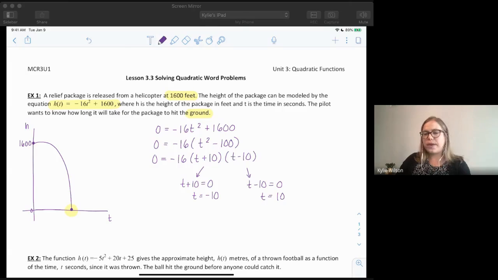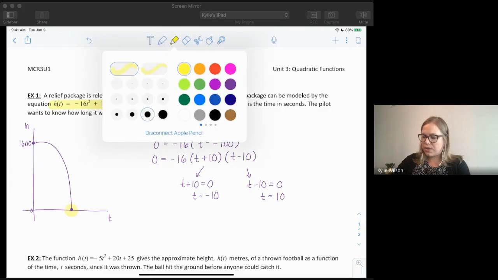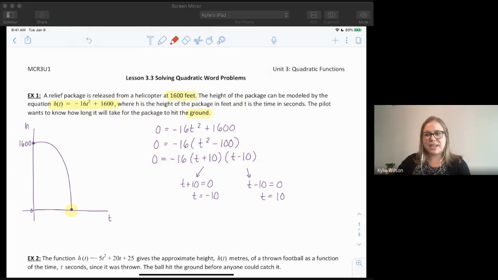So although we get 2 answers, only one of them is valid for this particular situation, right? My t's represent time, so we can't have a negative time. So this one here is rejected because we can't have a negative time value.